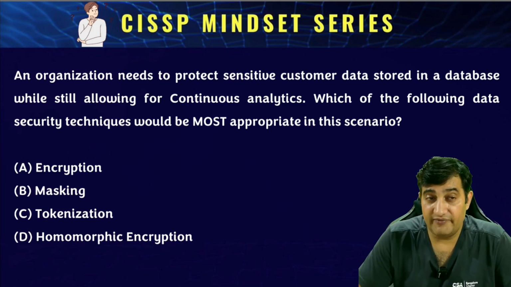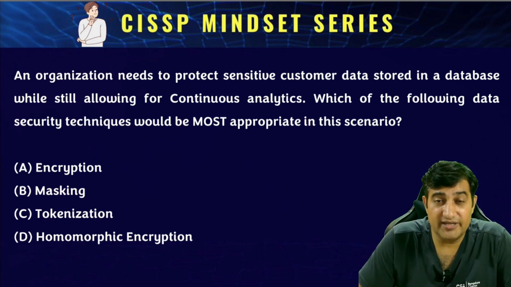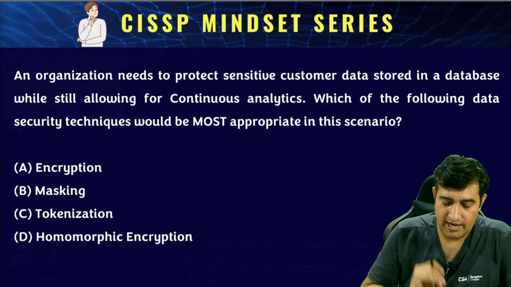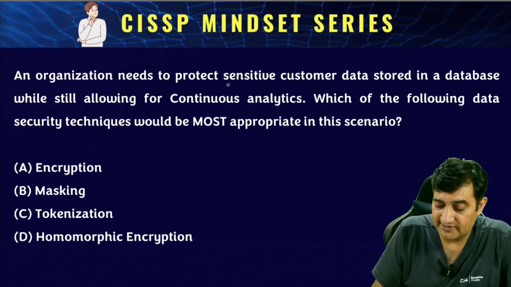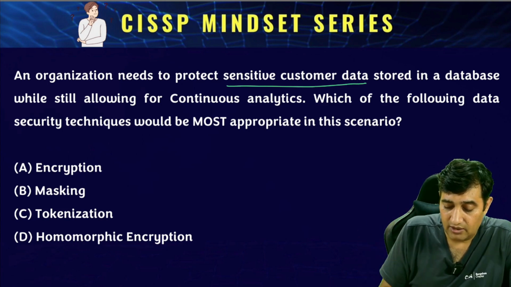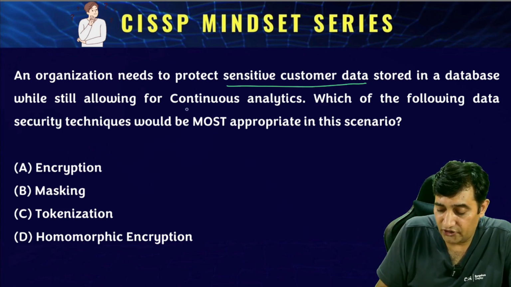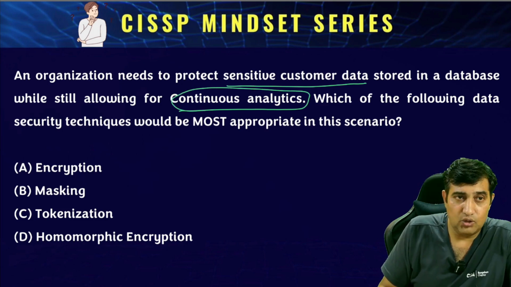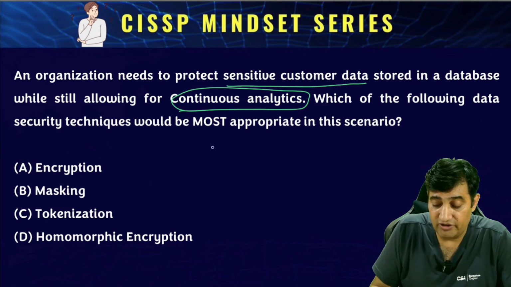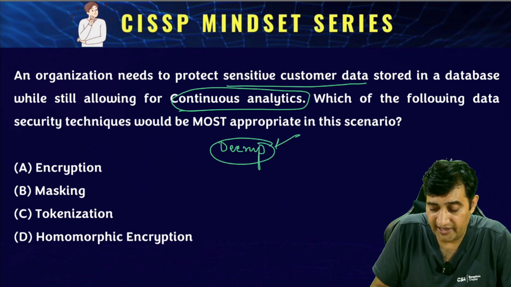Okay team, again a very interesting question, and this one is a knowledge-based one. Sometimes these kinds of questions will also come. It says an organization needs to protect sensitive customer data stored in a database while still allowing for continuous analytics. Oh man, we know if you want to do analytics on the data, then you need to first decrypt it, and then you need to perform analytics on that.